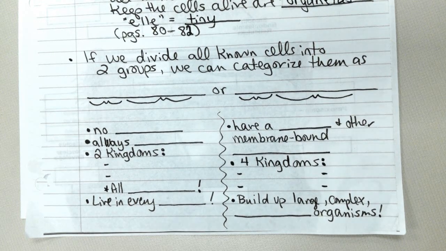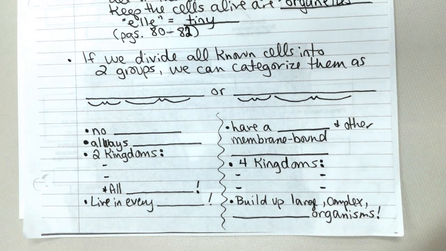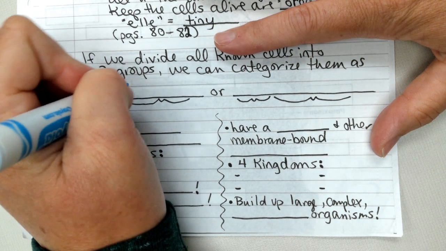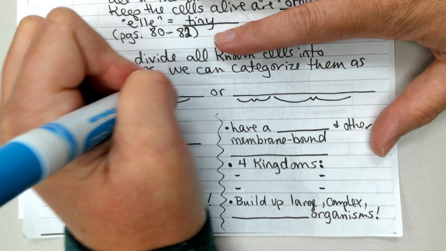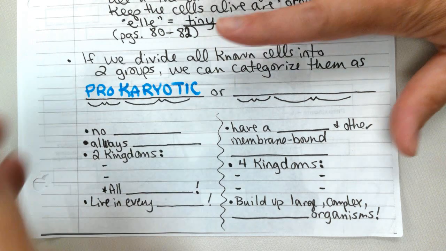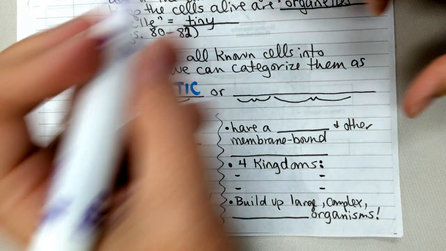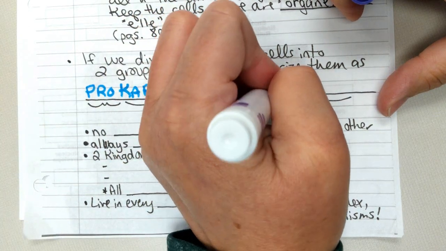Okay, so a little bit of just last random stuff that I want to make sure that we have. We have two major types of cells: prokaryotes, let's just say prokaryotic. I want to make sure that we see these words in different ways. And eukaryotic.